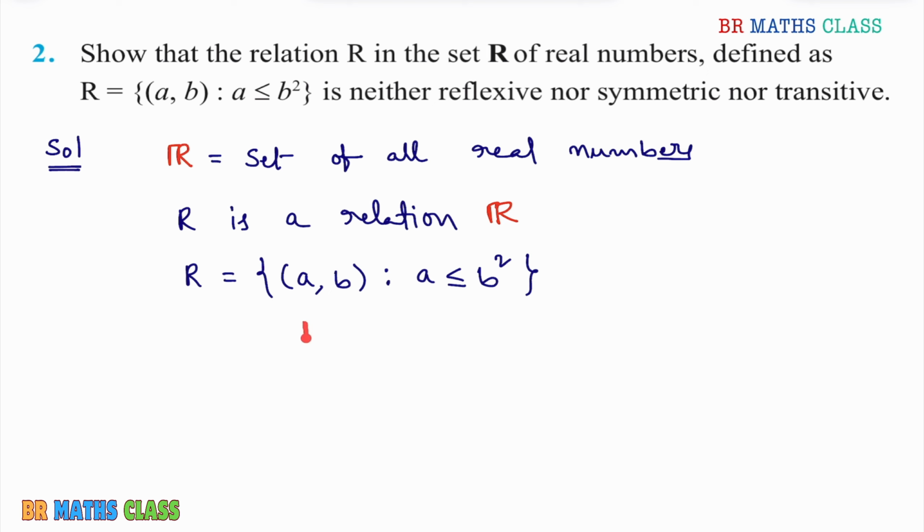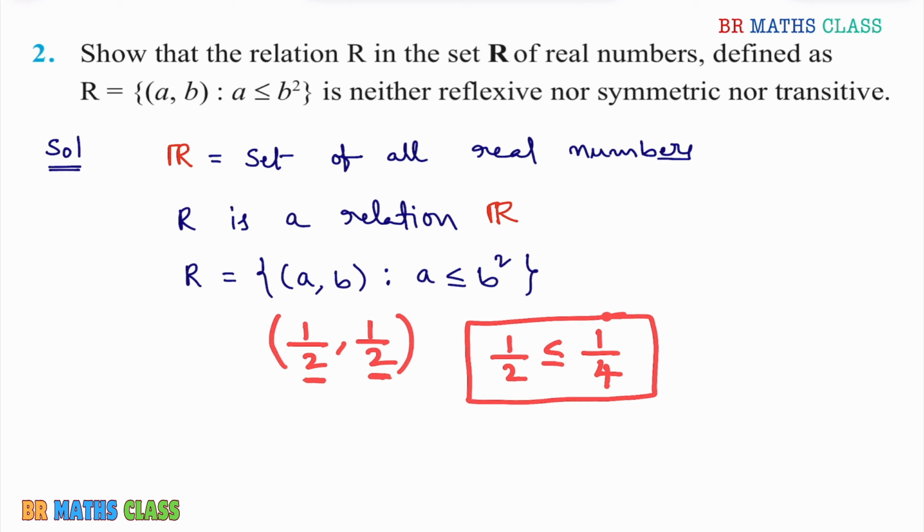Now my question is, does the ordered pair (1/2, 1/2) belong to this relation or not? First point, 1/2 is a real number. Second condition, 1/2 is less than or equal to (1/2) whole square. (1/2) whole square is 1/4. Is it true? 1/2 means 0.5, less than or equal to 1/4 means 0.25.